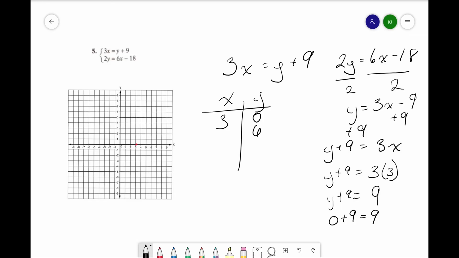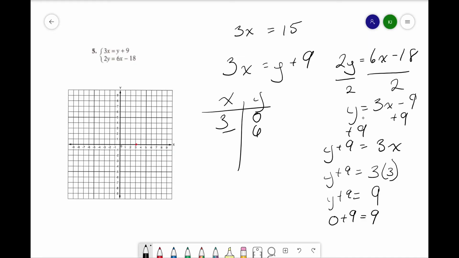So 6 plus 9 is going to equal 15. So now what times 3 is going to equal 15? 5. That one's pretty easy to figure out. So we have 5 and 6 on our graph.